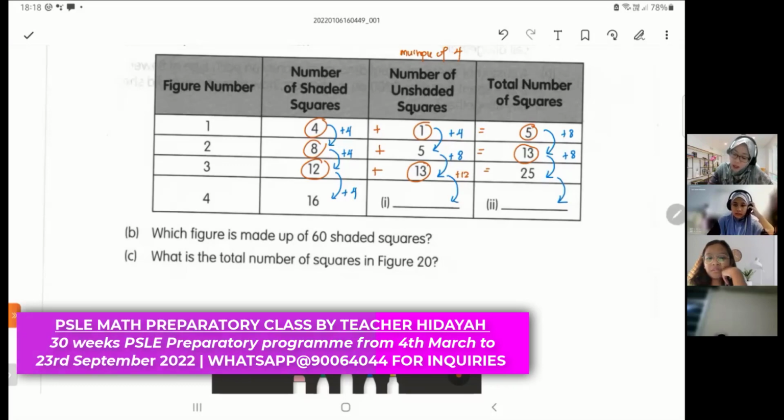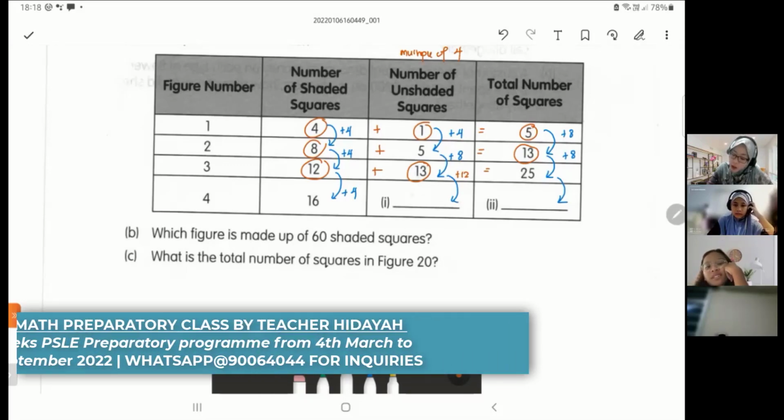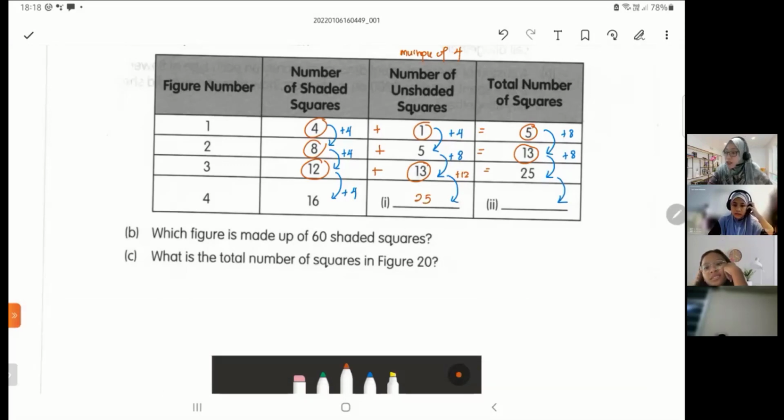So from 4, 8, 12, so 13 plus 12, you get 25. All right, that's a pattern. This is multiple of 4. The total number of squares, which means this part here. Okay, so 5 plus 8 is 13. And then 13 plus, not plus 8, plus 12. Yeah, I added wrongly. Plus 12, you get 25.